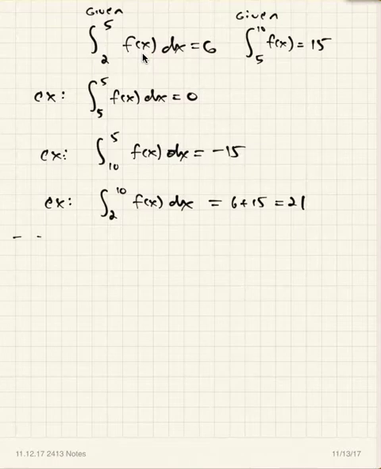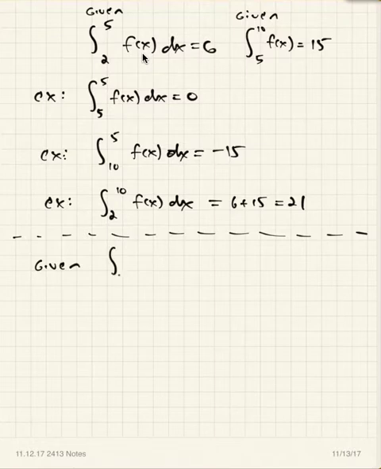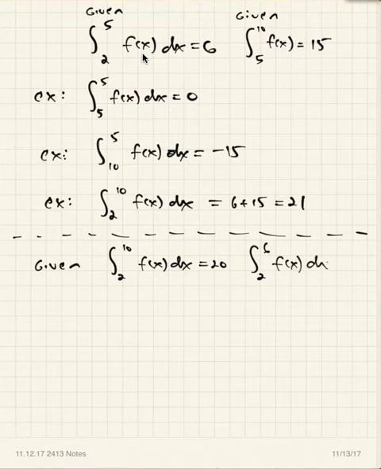Okay, so one more situation. Let's say we're given that the integral from 2 to 10 of f of x dx is 20, and the integral from 2 to 6 of f of x dx is 8, then what would the integral from 6 to 10 of f of x dx be?